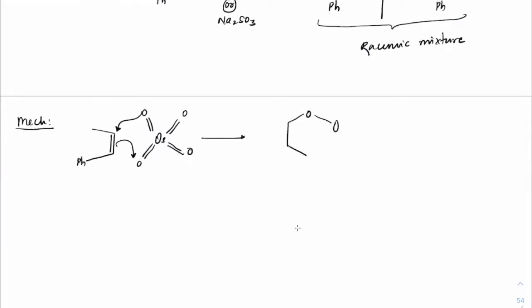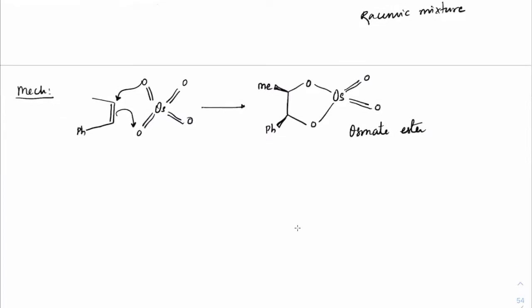Oxygen with Os, one double bond O, double bond O. Now I can highlight that this group is coming out and this group is also coming out. Okay, so we will have here Ph and Me. Correct. What we got is the osmate ester. This is an osmate ester.